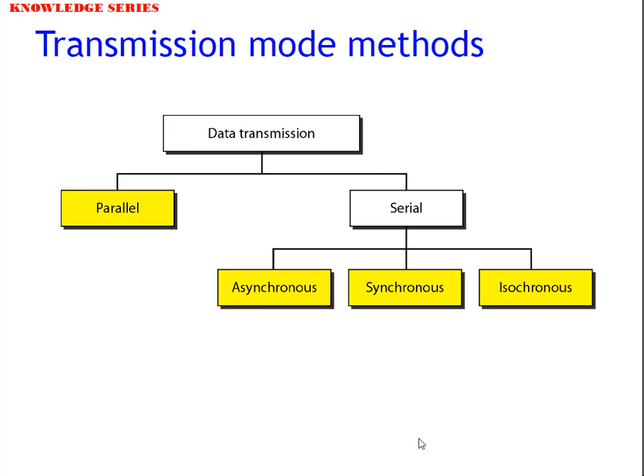Now we try to see the transmission mode methods. What exactly does transmission mean? Transmission mode basically refers to the communication of the information between the transmitter and the receiver. So that is a mechanism for transmitting the information or the data.